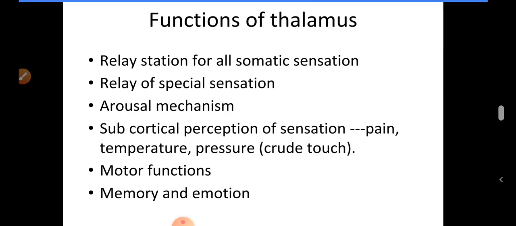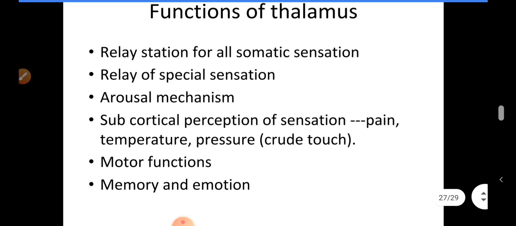Because of this, the thalamus is usually considered a functional gateway of the cerebral cortex. It also has a very important role in the relay of special sensations. The special sensations are vision and hearing.